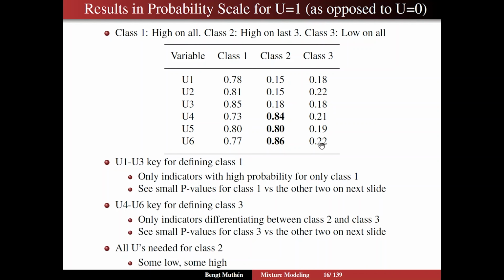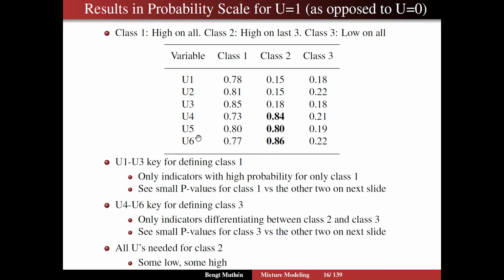So let's take a closer look at how these indicators define these 3 classes. It's good to understand that, for instance, in terms of measurement instrument development. I'm claiming here that U1 through U3 are key for defining class 1, because they're the only indicators with high probability for only class 1, not in class 2 or 3.